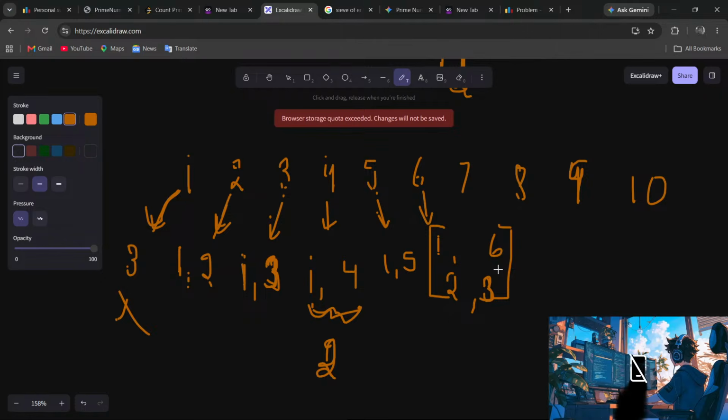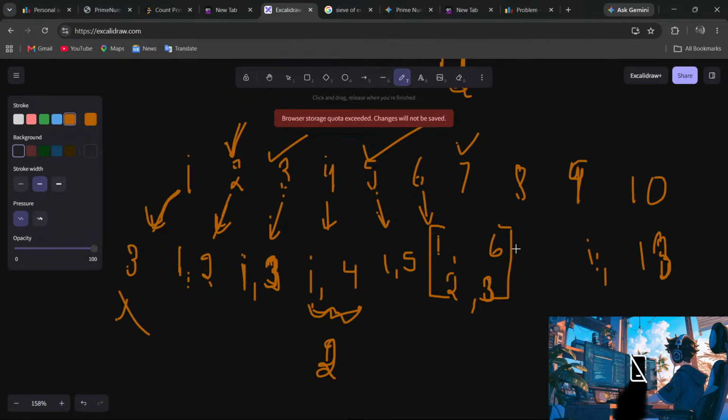Okay, so one thing I understand here is that whatever is prime will never become T prime. That's what I understand, because I know that 2 has only two distinct divisors, 3 has only two, 5 has only two, 7 has only two, and same for 11 and 13.